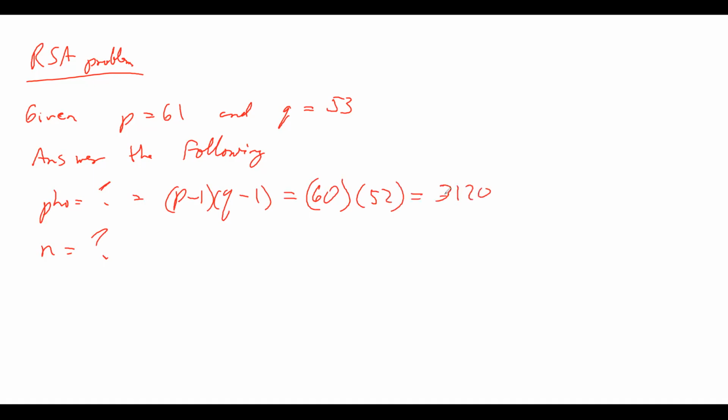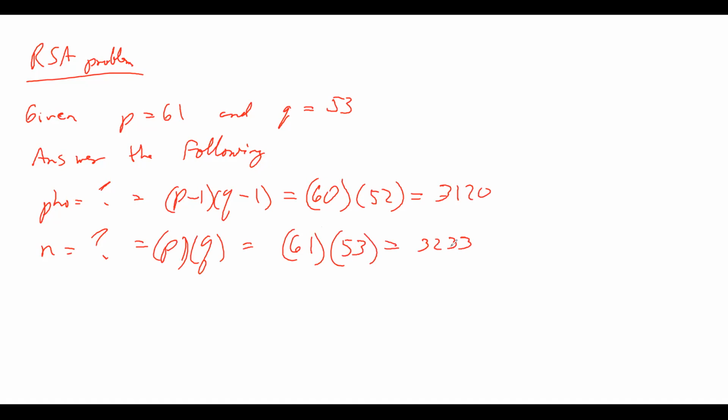And there you go, you answered it. n might be p times q. So p is 61, q is 53, and again you do the multiplication: 3233. Make sense? So this is the approach.